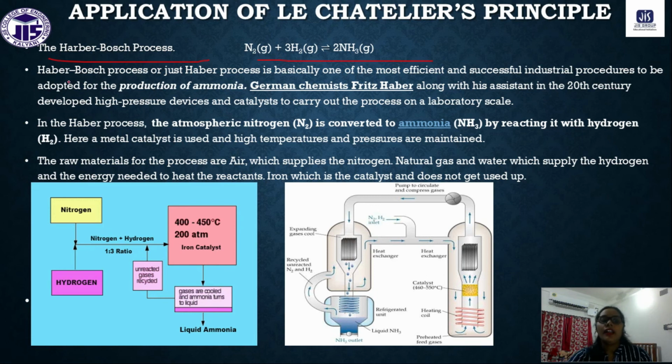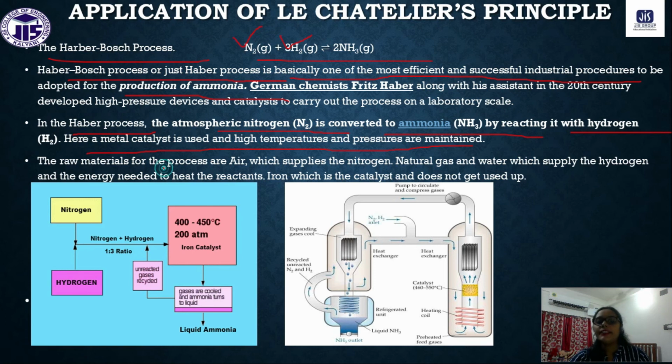The Haber-Bosch process, or just the Haber process, is basically one of the most efficient and successful industrial procedures for the production of ammonia. In the Haber process, the atmospheric nitrogen reacts with hydrogen to form ammonia. Here we use a metal catalyst, and high temperature and pressure are also maintained.